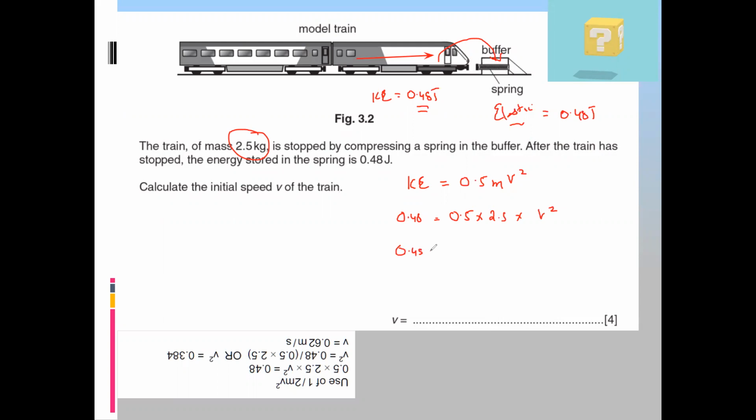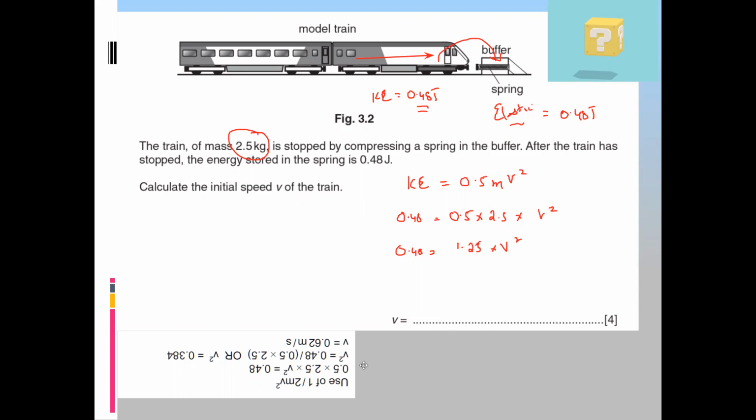So this is 0.48 equals 0.5 multiplied by 2.5, which is 1.25. So this is 1.25 multiplied by v square. Now we need v here.